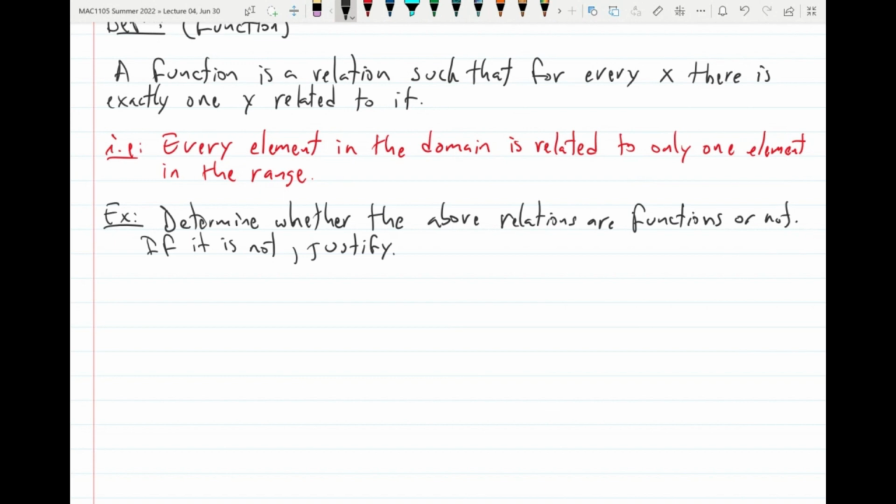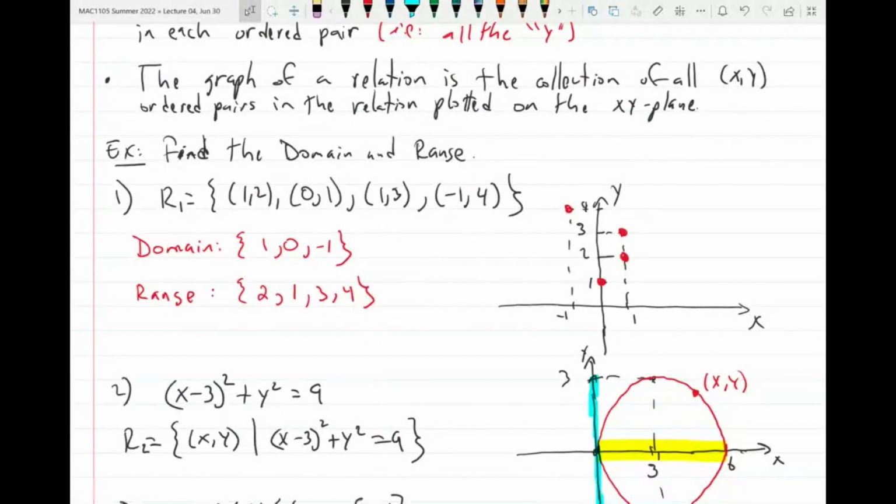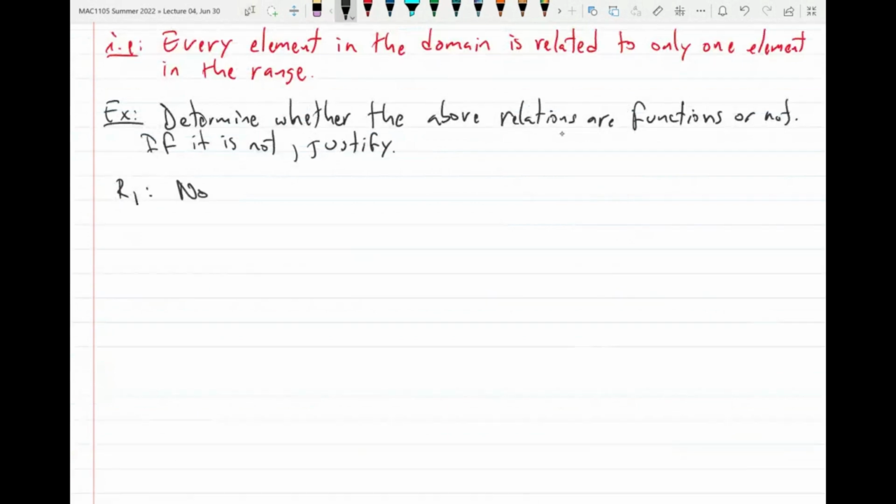In other words, you need to tell me why you're saying that it's not a function. All right, so let's see. R1. Is R1 a function? Why? Because 1 has 2 images. Very good. So R1 is not a function.